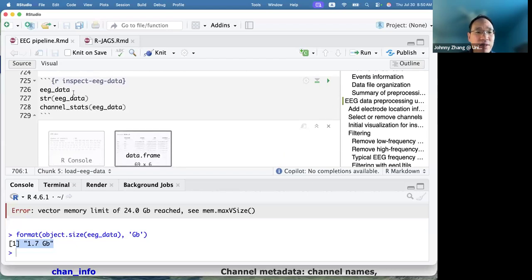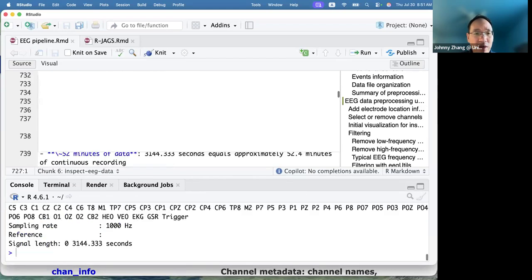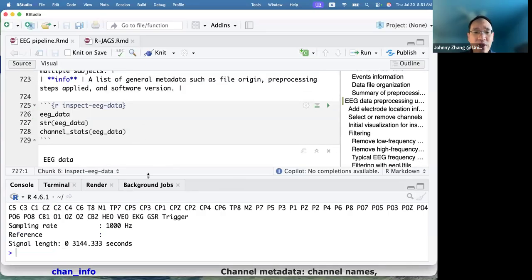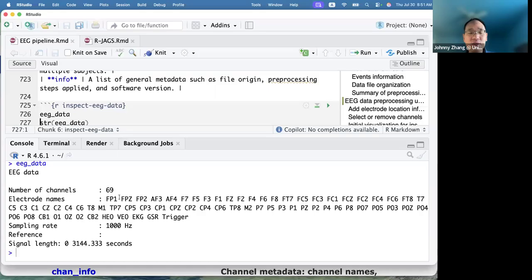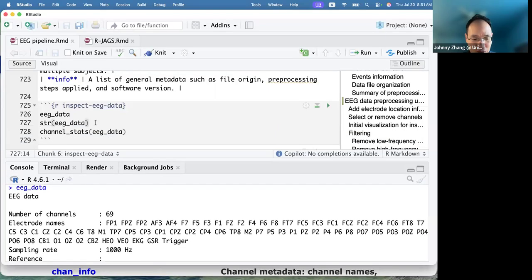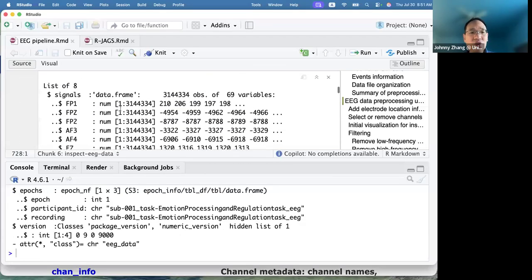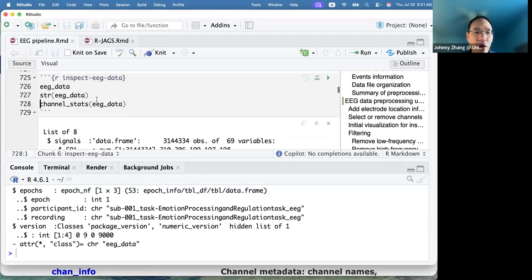So we can take a look at the data. Typing the name gives you the basic information about the data set, just like any R data format. There are 69 channels, the name of each electrode, the sampling rate, and the length of the signals. We can take a look at more detailed information about the data set using the structure of the data.